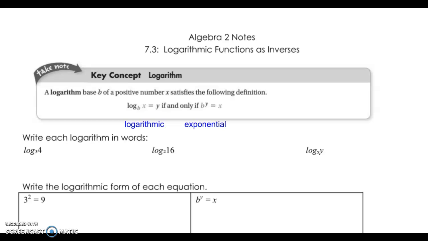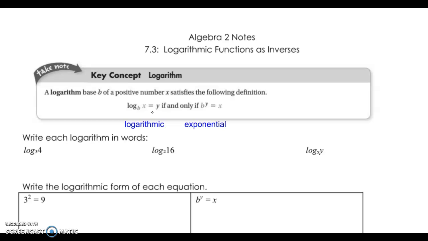Okay, so a logarithmic function is the inverse of an exponential function. If you have an exponential function that says b to the y equals x, we can rewrite that in logarithmic form: logarithm base b of x equals y. Right now we're just going to practice writing each of these in words.